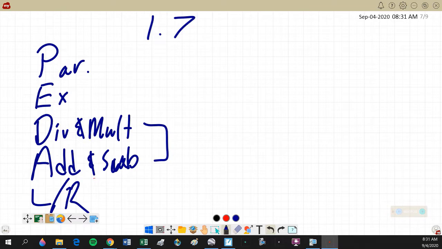So if I had something simple like 3 plus 2 times 4, what is the first operation I need to complete? The multiplication. That would be step 1, and then the addition would be step 2. Why does it matter?